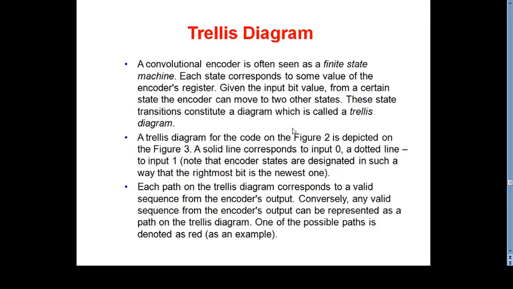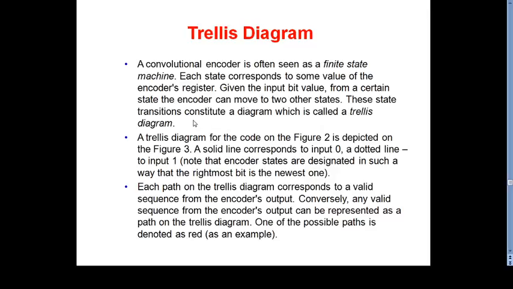Then how do we represent the convolution encoder in a pictorial view? The convolution encoder is often seen as a finite state machine. Each state corresponds to some value of the encoder register. Given the input bit value, from a certain state the encoder can move to other states.